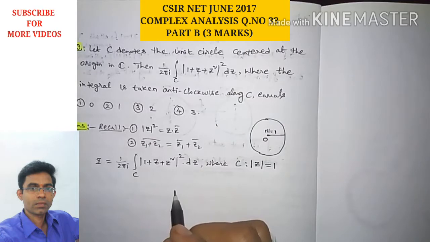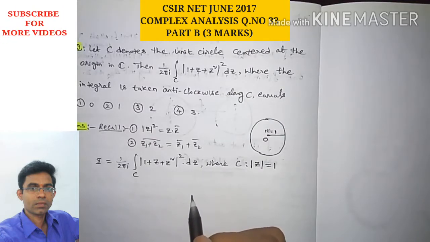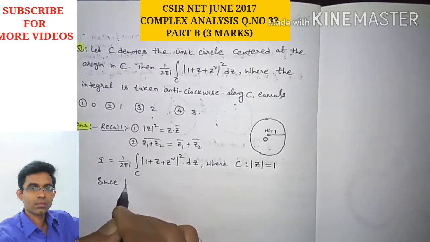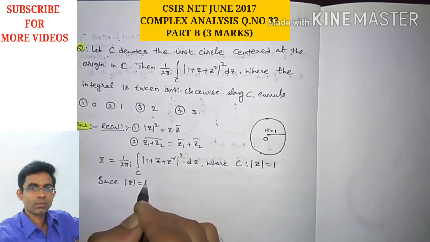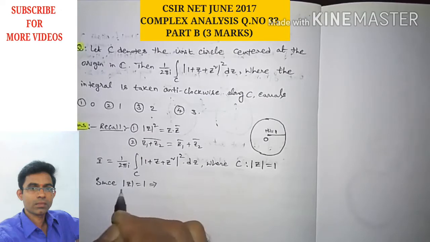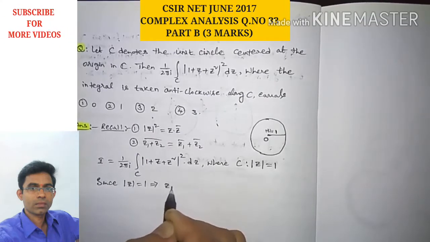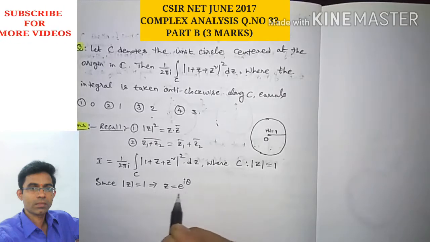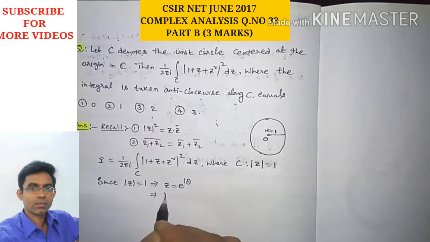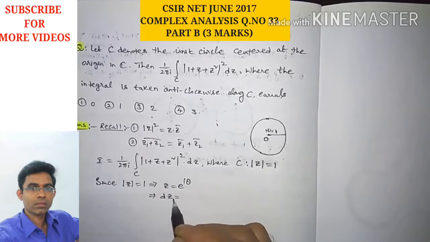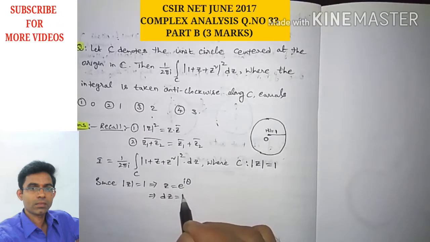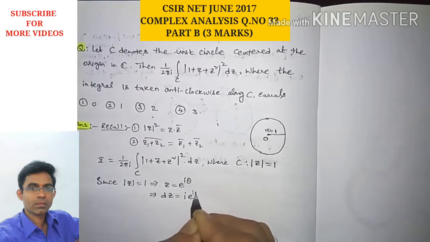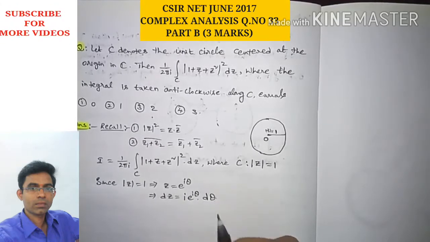Now we will convert this into the polar form of a circle. Since modulus of z is equal to 1, in polar form we have z equal to e power i theta. Whenever z is equal to e power i theta, we have dz equal to the derivative, that is i into e power i theta into d theta.